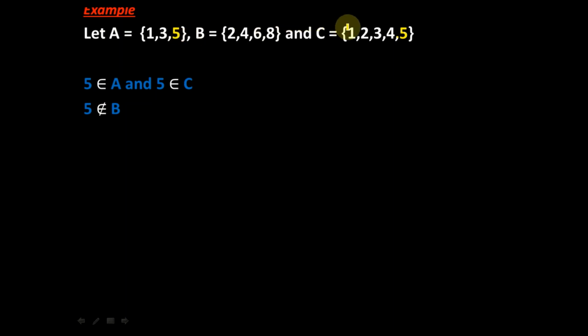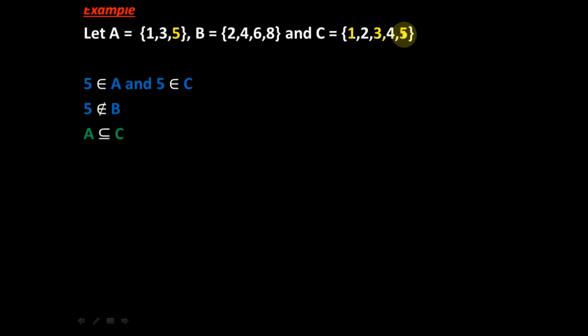I can see that 1 is in C, 3 is in C, and 5 is also in C. What does that mean? It means that A is a subset of C. Why? Because A is contained in C. All the elements of A are in the set C.